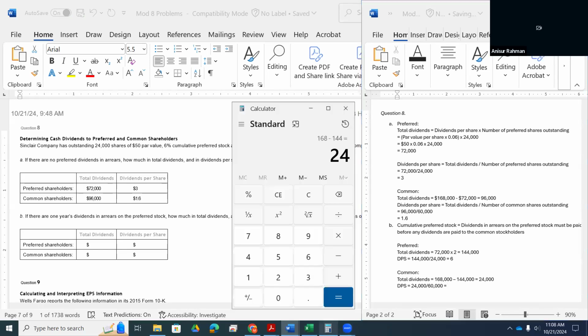So which will be 0.4. So 40 cents per share.